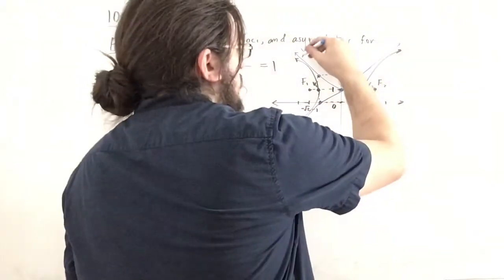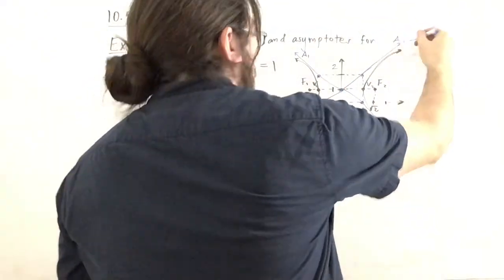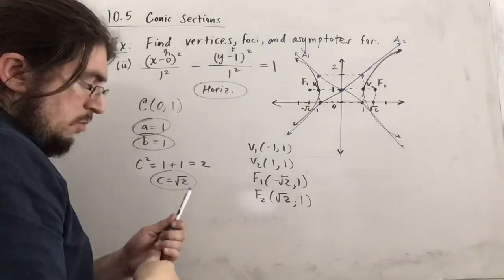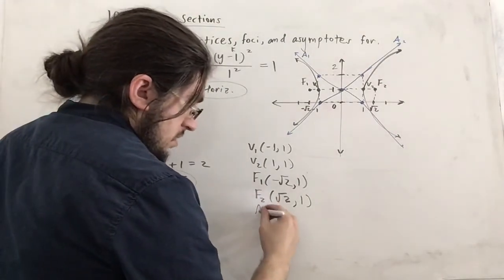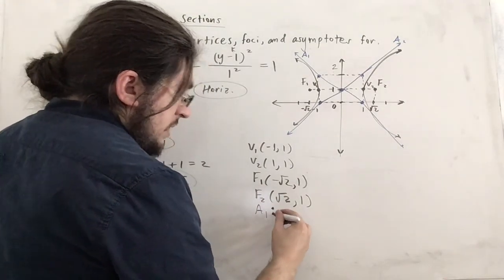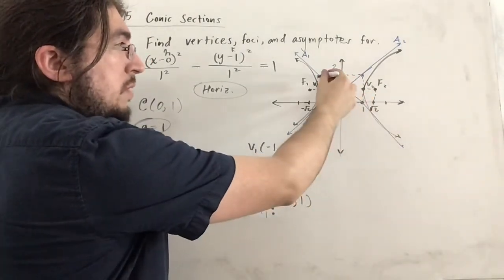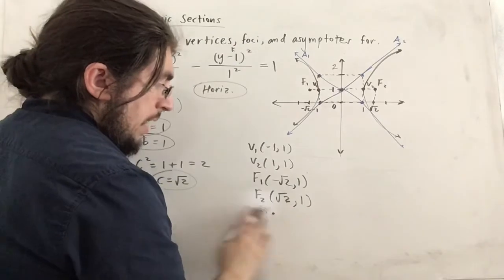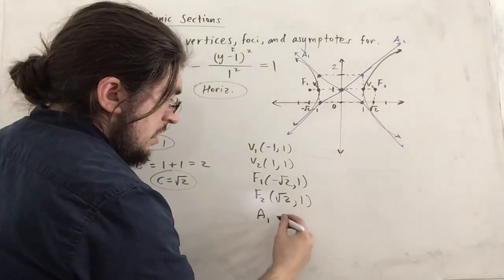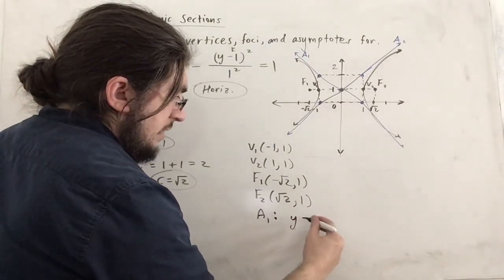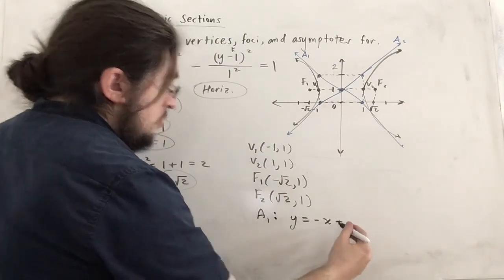So if I call this first one A1 and the second one A2, A1 is going to have what equation? Well, let's see. A1 is going to have slope negative 1 over 1 because you go down 1 over 1 to get from one point to the next. So A1 is going to have equation y equals negative x plus, what is the y-intercept?